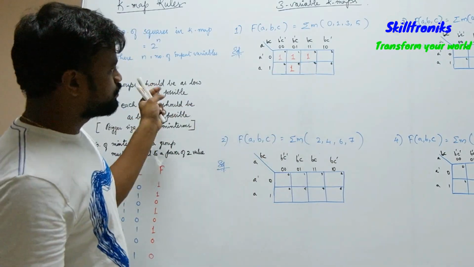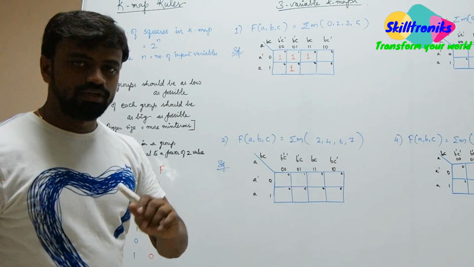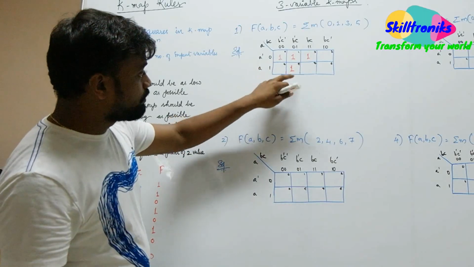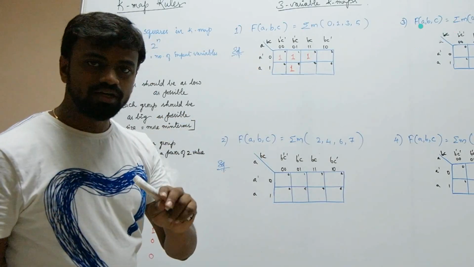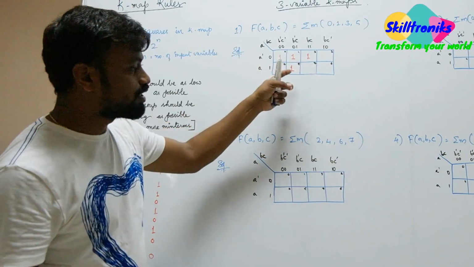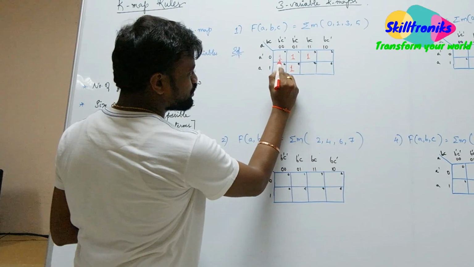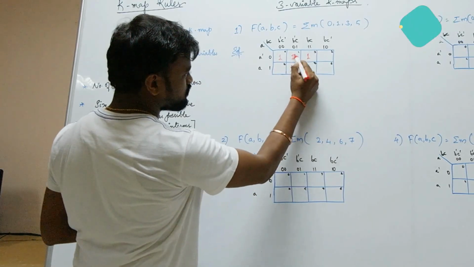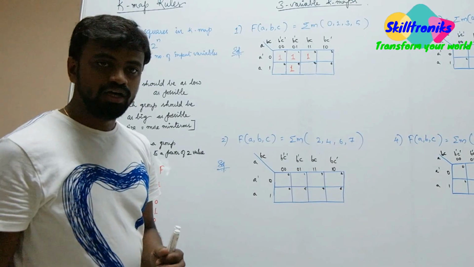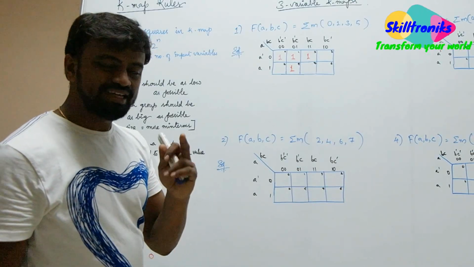According to the concept of grouping in K-map, you can form one group for 4 minterms, but these 4 minterms must be adjacent to each other. In this case, all these 4 are not adjacent to each other. These 2 are adjacent, these 2 minterms are adjacent, and these 2 are adjacent. It means that we have to form a minimum of 3 groups of size 2.